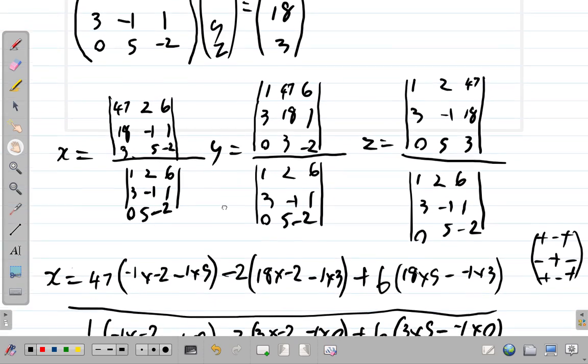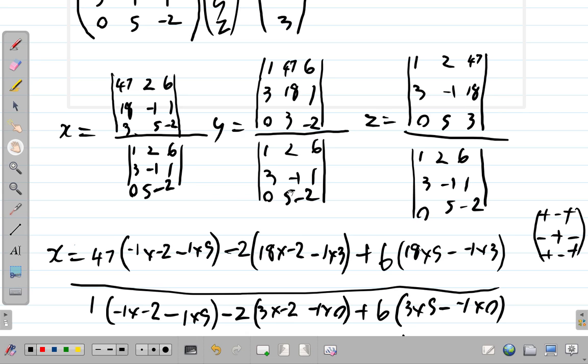So the x now, we expand across to get the x.